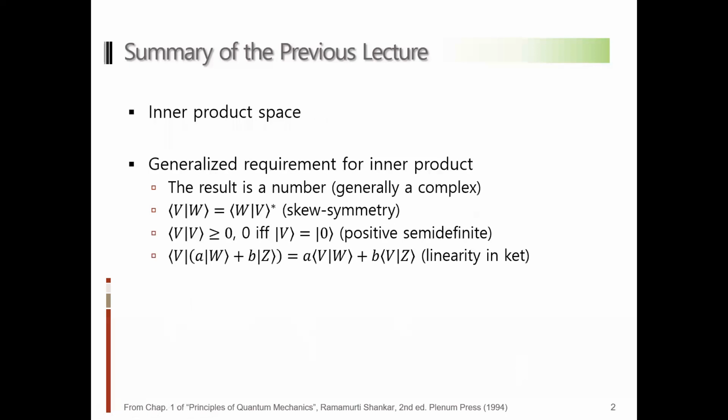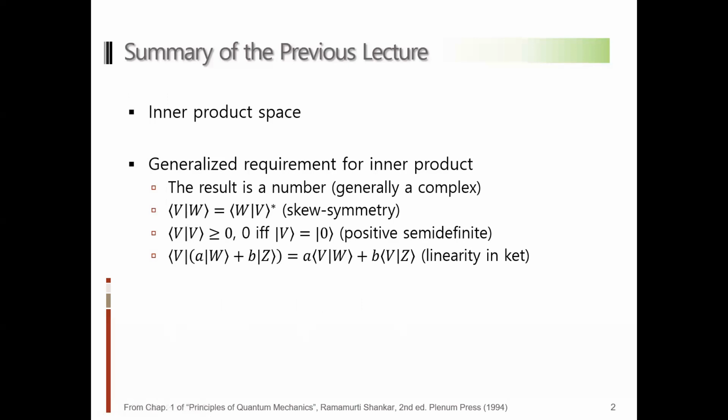Another concept we covered in the previous lecture was the inner product. Based on the concept of the inner product in the three-dimensional space, we generalized the requirements for the inner product. The first one is very obvious, and the second one is a little bit weird. We know that generally the inner product is symmetric, but we have to generalize for the complex-valued case.